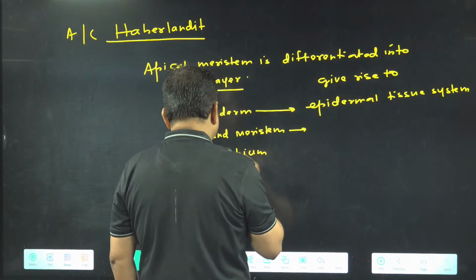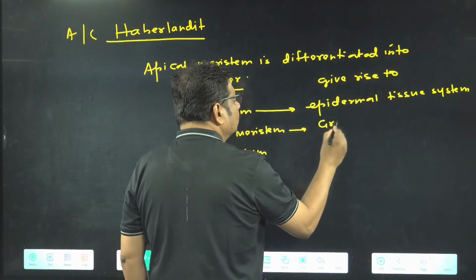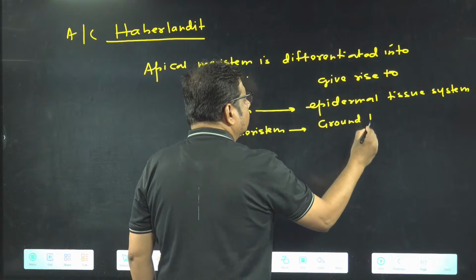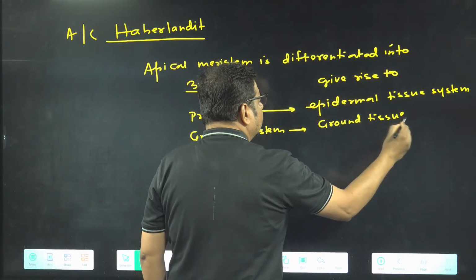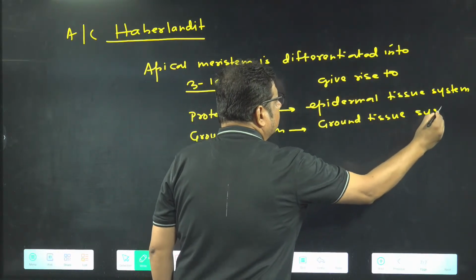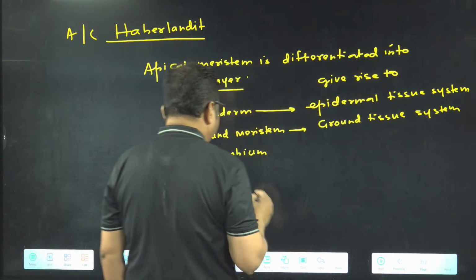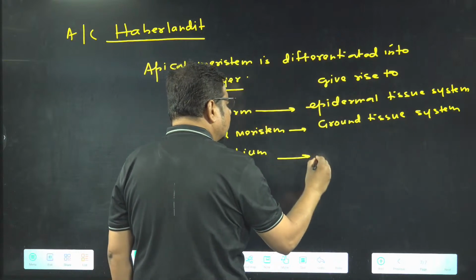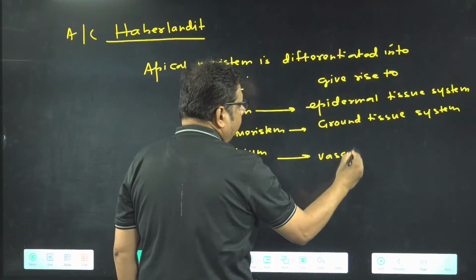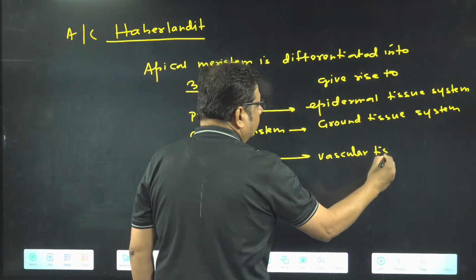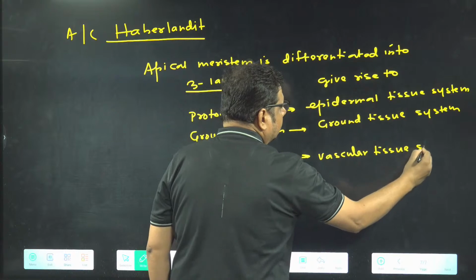meristem, it is forming which one? Ground tissue system, and procambium forms vascular tissue system.